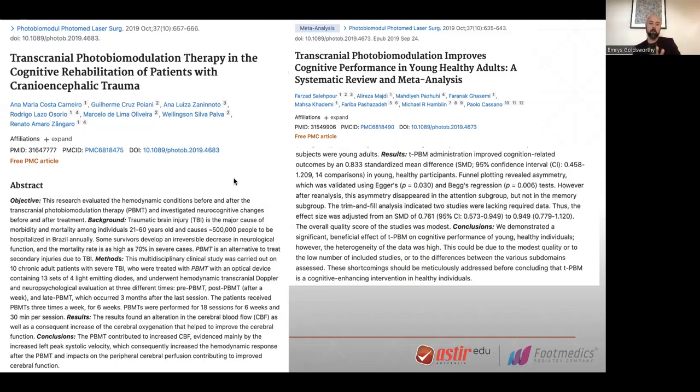So the other one done here was on healthy young adults, and its conclusion was we demonstrated a significant beneficial effect of transcranial photobiomodulation on cognitive performance of young healthy individuals. There was so much different data, so it's very hard to take on the different age groups of the younger adults, different parameters were used.